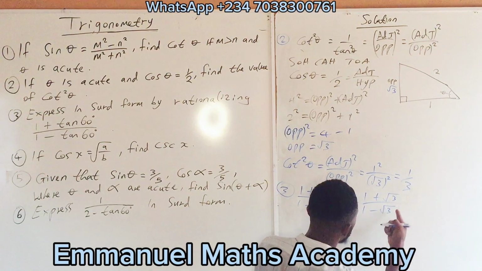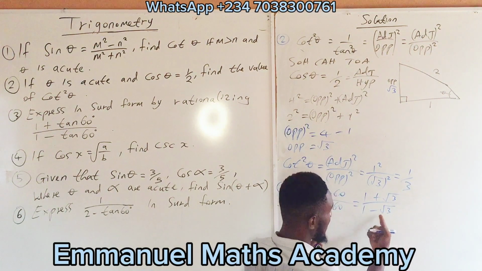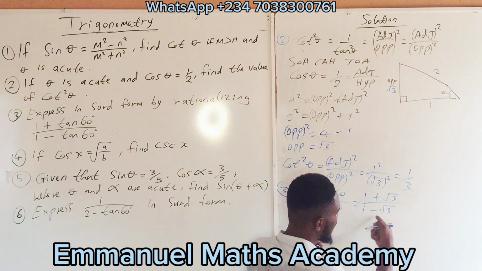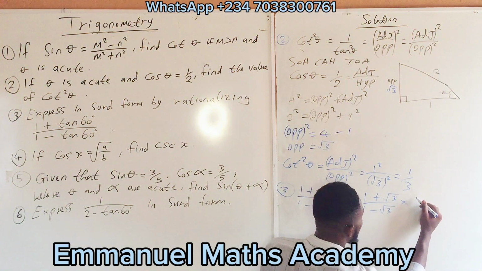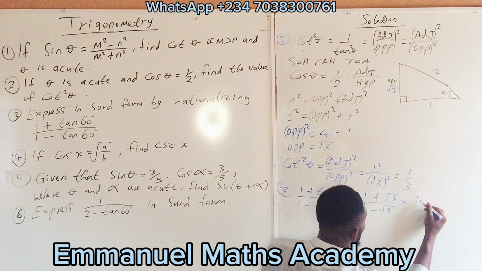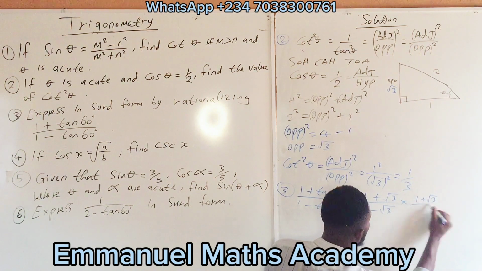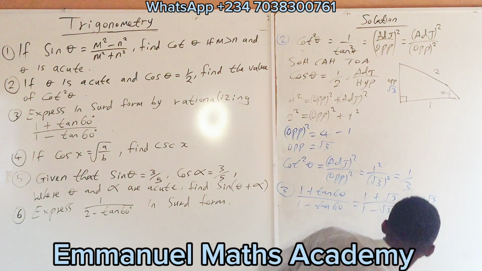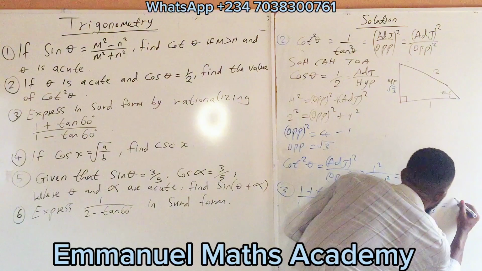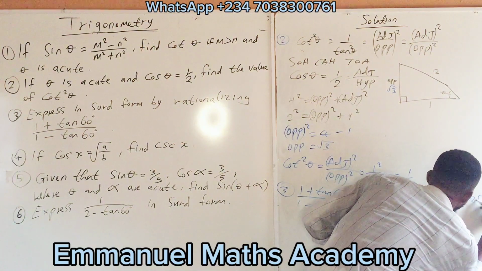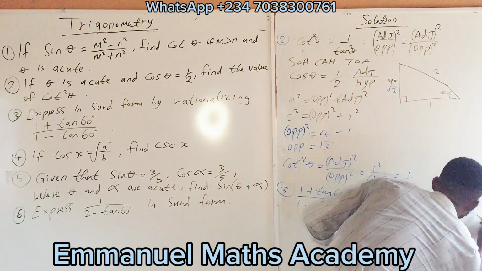Is that clear? If you rationalize this, finding the conjugate, multiplying this with the conjugate, you now have this times 1 plus root 3 over 1 plus root 3. Is that clear?